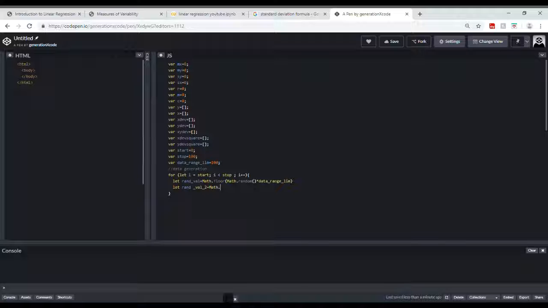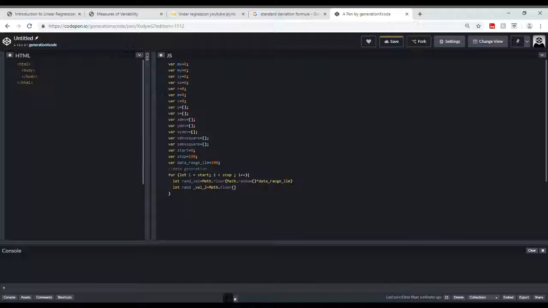We've copied all the variables and everything, and I've already started a loop for data generation, to generate the random data, math.floor, math.random, all that nonsense. Let's just get on with where I left off.